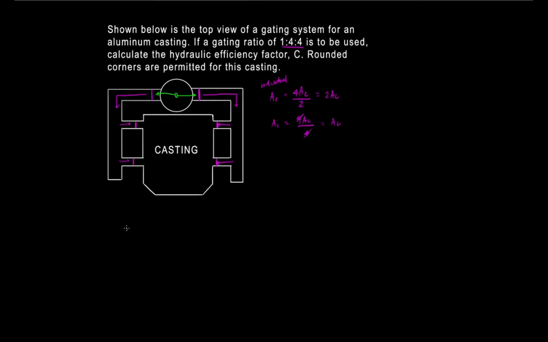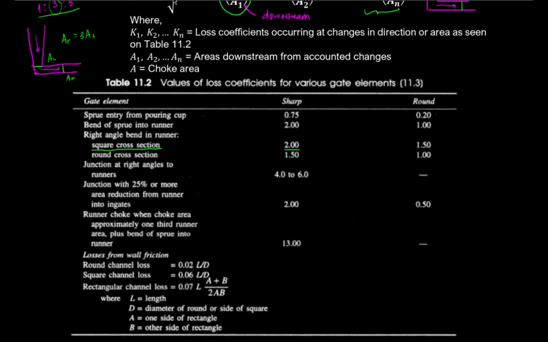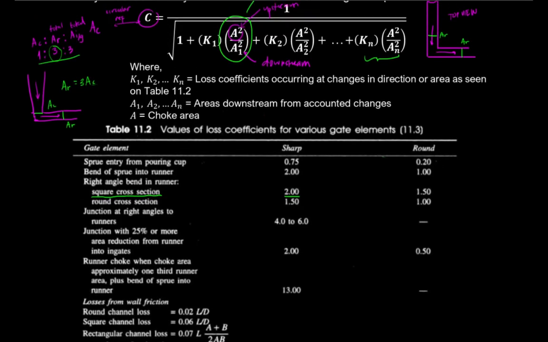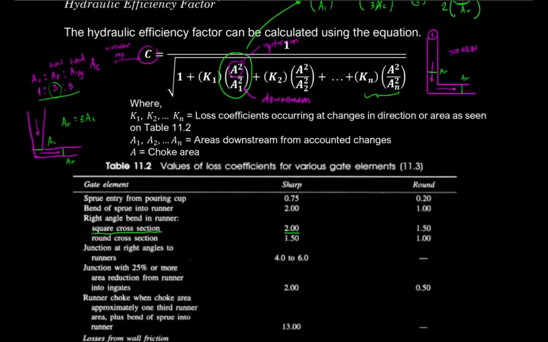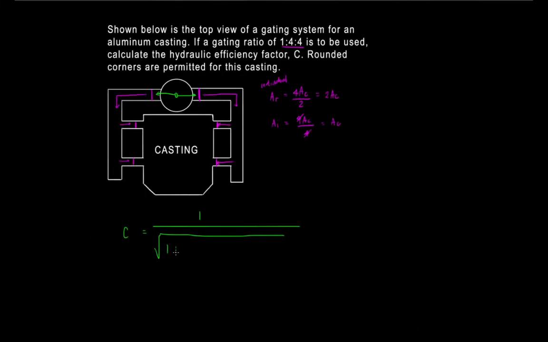The hydraulic efficiency factor C is equal to 1 over the square root of, and let me just check the formula, 1 plus the different coefficients. So that's 1 plus, let's take into account the first coefficient. Let's just say this is the first change, this is the second change.